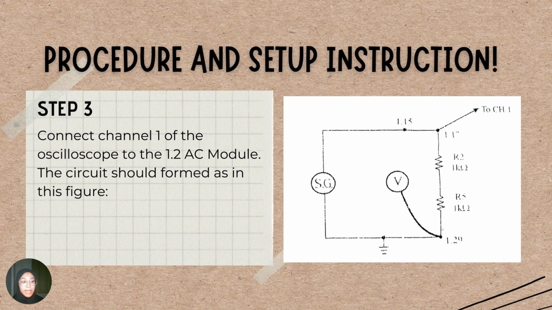For step 3, I will connect channel 1 of the oscilloscope to the 1.2 AC module. The circuit should form as in this figure, so we will connect it to channel 1 using the wire given to the oscilloscope.